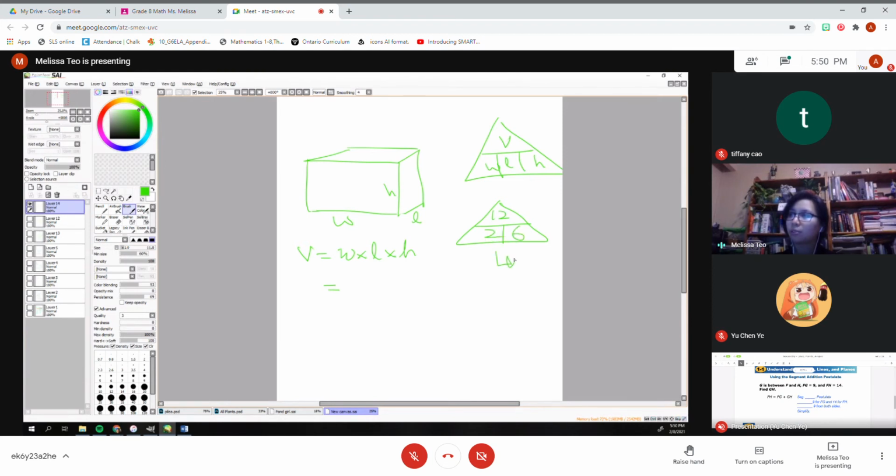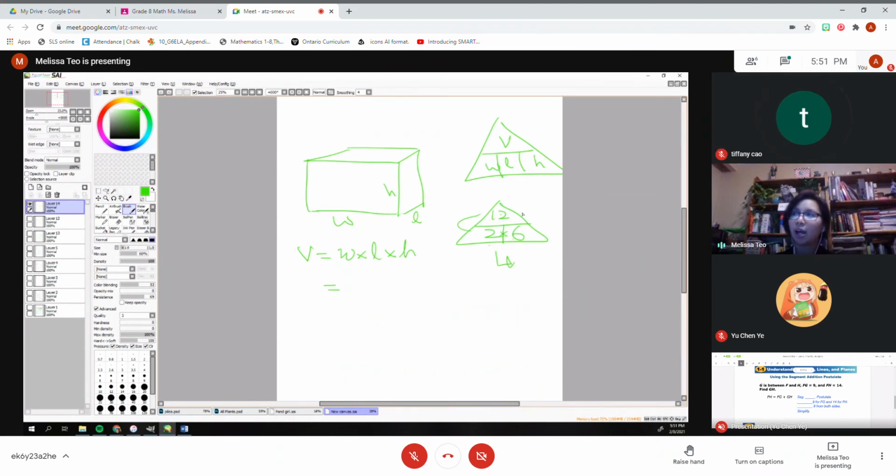So you would say 2 times 6 equals 12, 6 times 2 equals 12, 12 divided by 2 equals 6, 12 divided by 6 equals 2. So anytime one of these things is missing, you can just see where it is in the triangle, and then you can either divide or multiply to find the missing number. Does that part make sense so far?